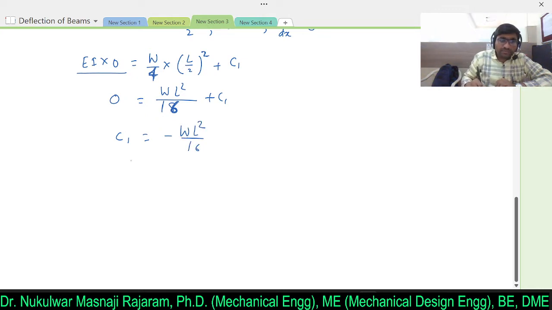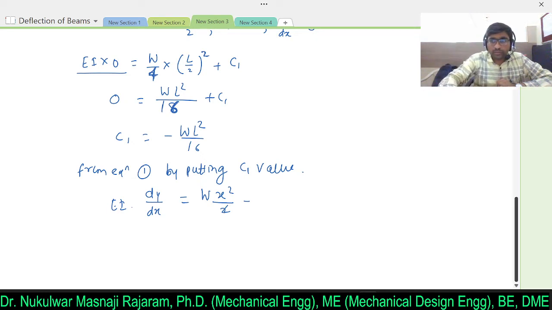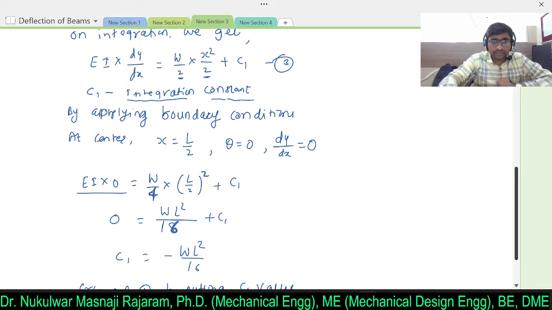Simple. By substituting these values in equation number 1, by putting the C1 value, I will get EI dy by dx equal to wx square divided by 2, minus wx divided by 4. Am I right? Yes.